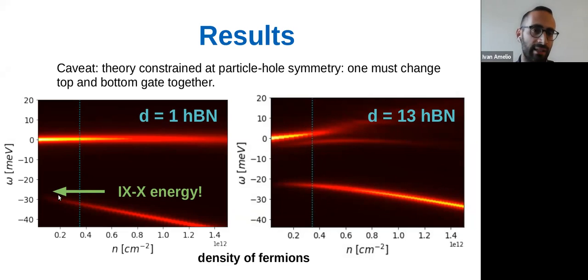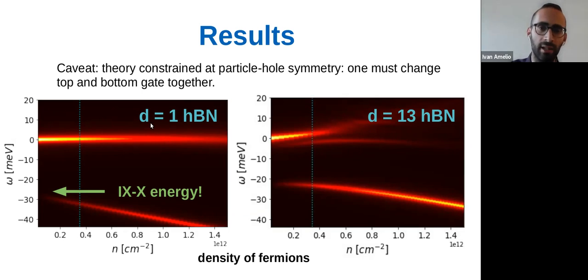And I see very well the characteristic energy of this biexcitonic state. Also, the quasi-particle gap probably prevents the repulsive polaron from blue shifting and gaining oscillator strength.